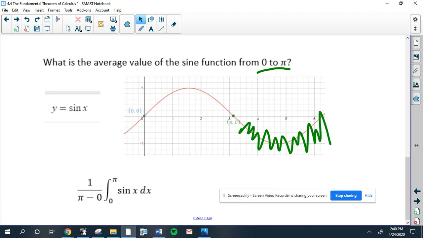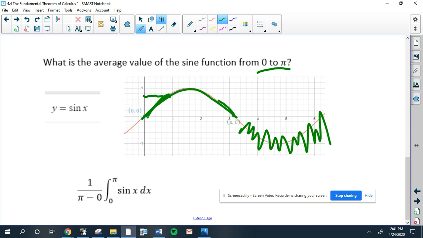Now we're looking at the average value of sine from here to here. 0.5, 0.6, 1, 0.9, 0.8, 0.7, 0.6, 0.5, 0. Now to think what the average value would be, it's not going to be 0 because all these values we're averaging together are all positive. And just because it's kind of bowed outwards, I would say the average value would be somewhere around here.